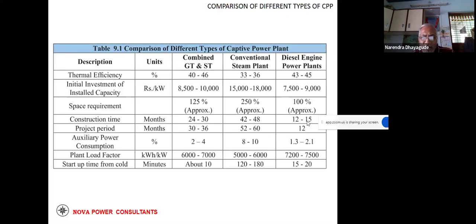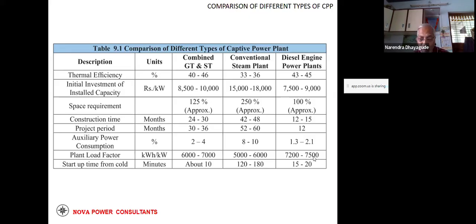Construction time is very less, because it is just a matter of assembling an alternator, engine, base frame, and control panels. The project period is very less. Then we can get a better plant load factor as far as utilities are concerned, and startup time is also less. So these are the advantages of diesel engines over the others.